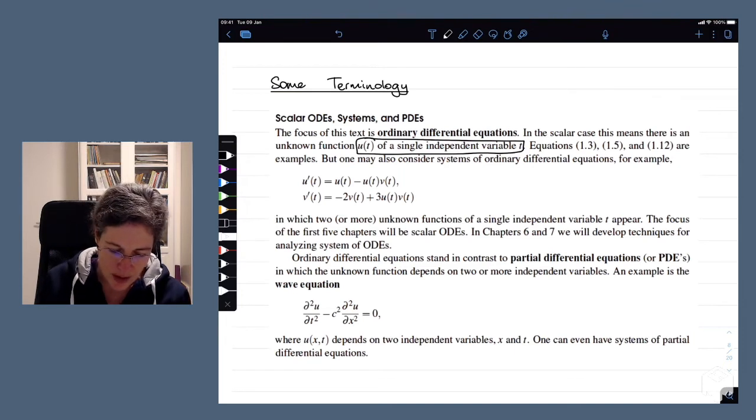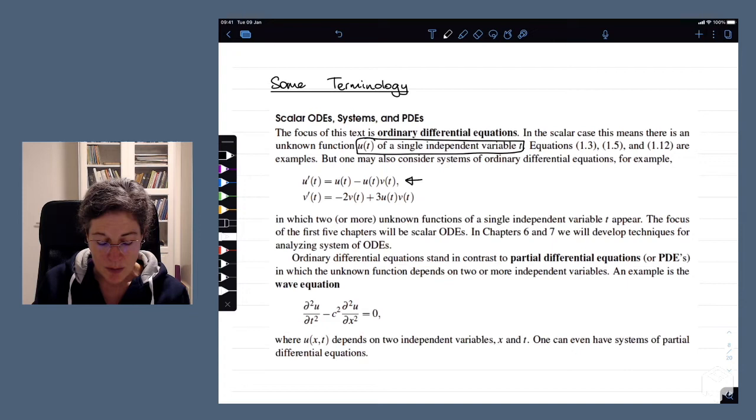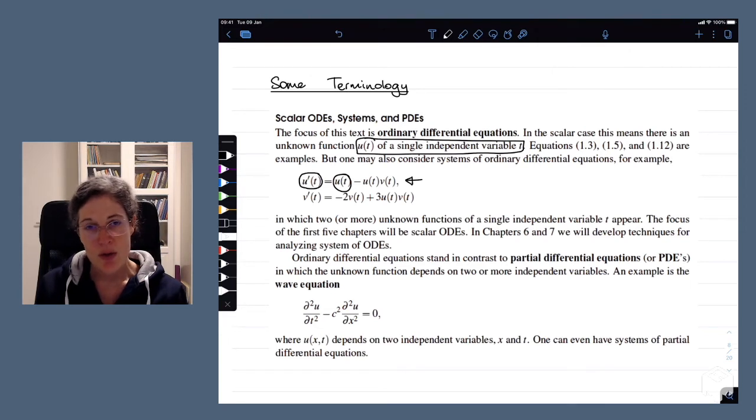So, for example, over here, here's an ordinary differential equation on u. Our unknown function u is just a function of the variable t. No other functions, no other variables. And we have an equation that includes a derivative of u.